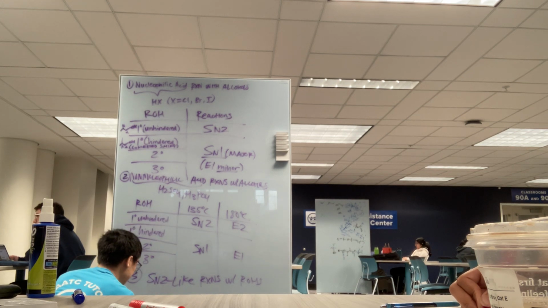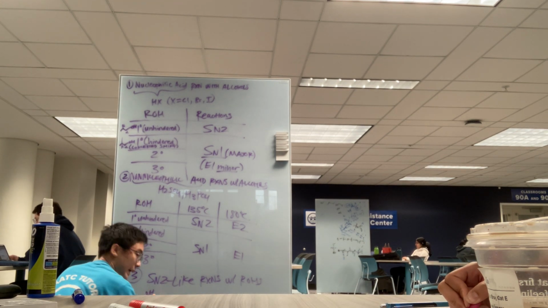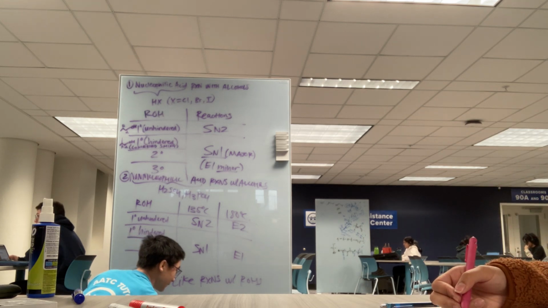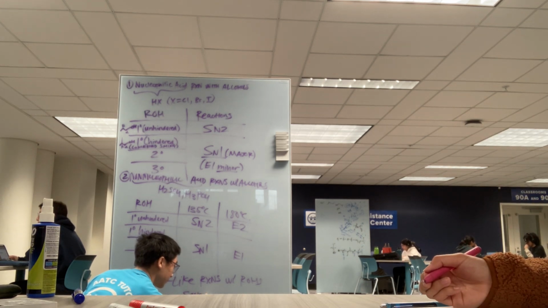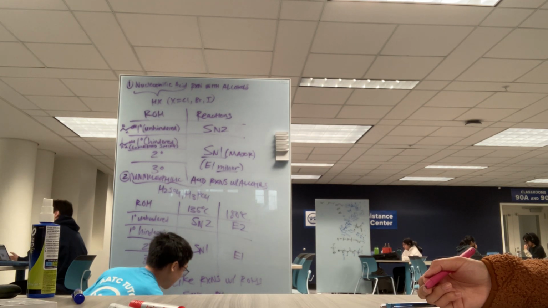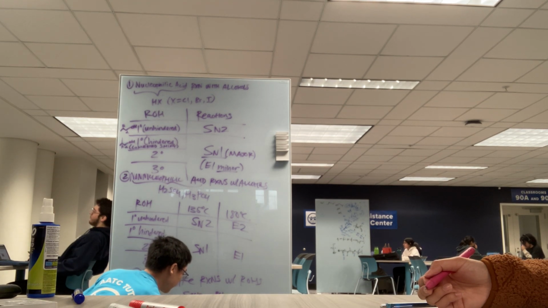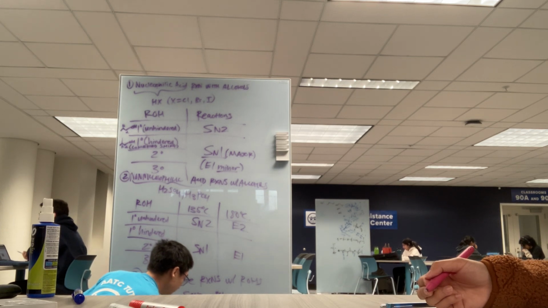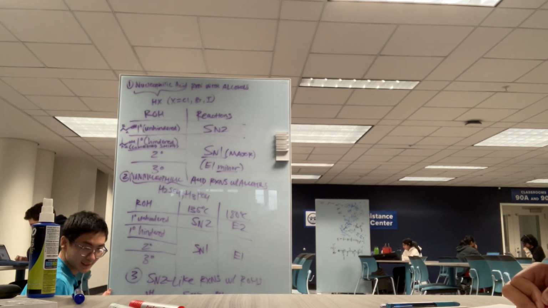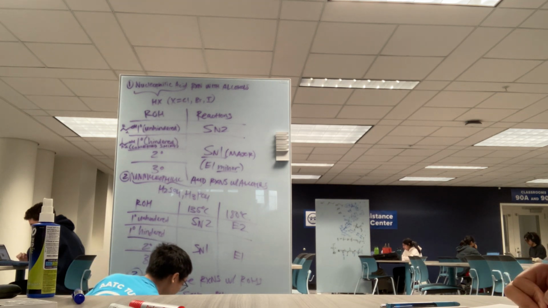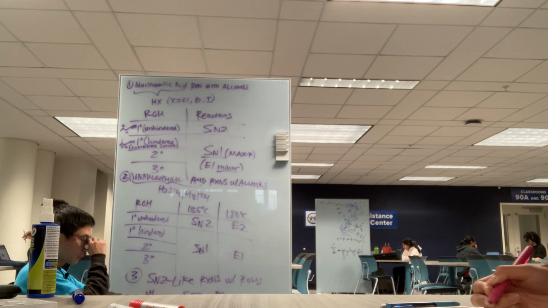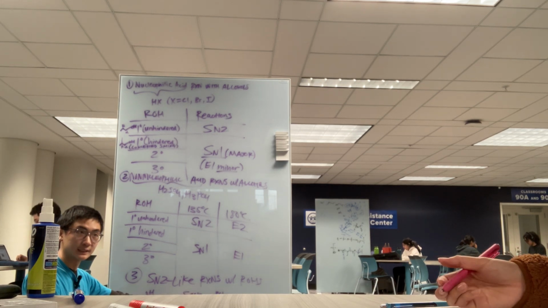So let's say we have this alcohol here that is a dash, and you react it with these three weird reagents here: SOCl2 or PCl5, PBr3, or let's add this group right there as well, PI3.